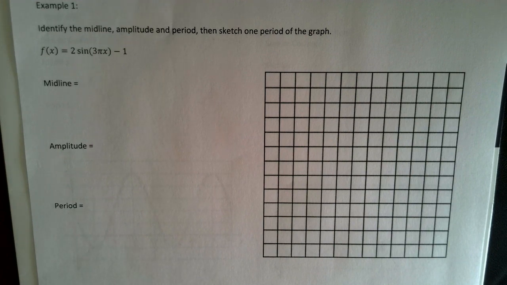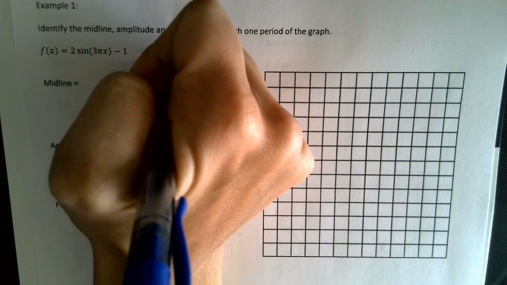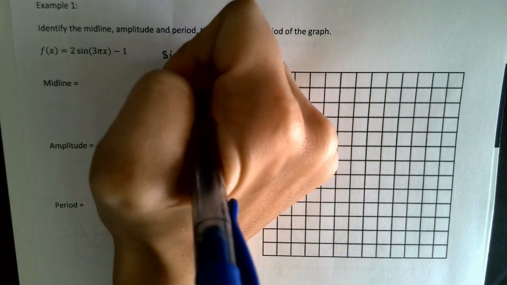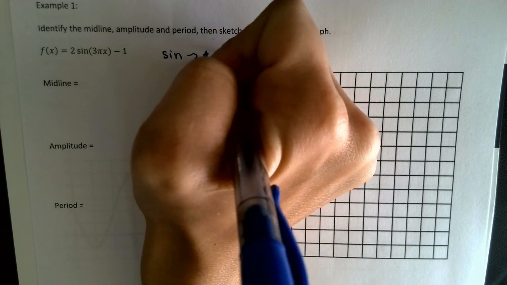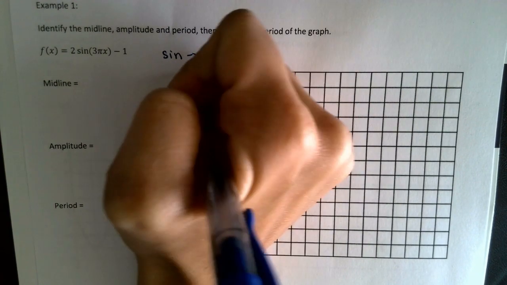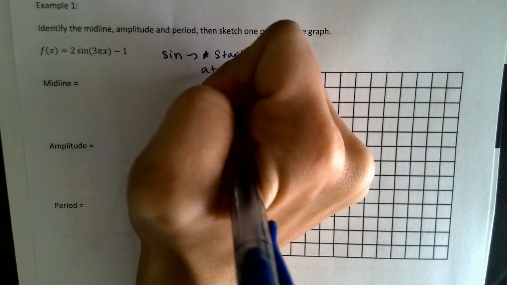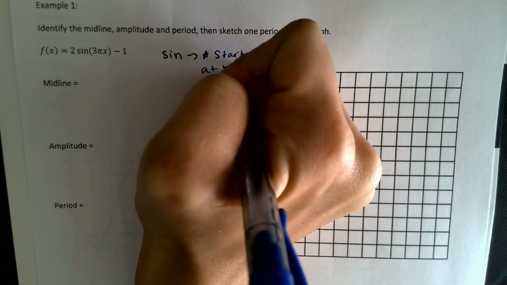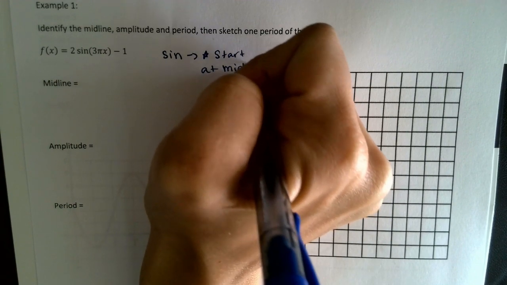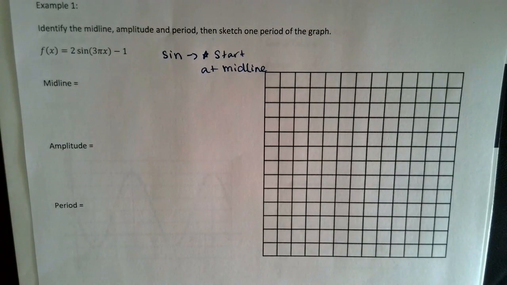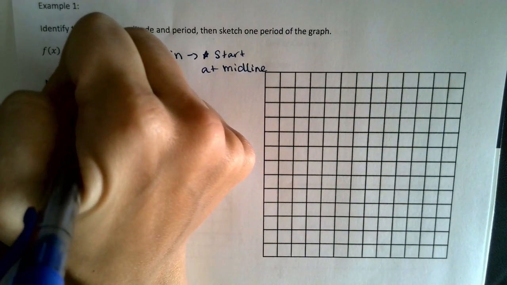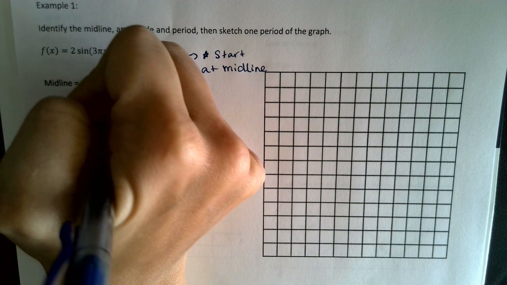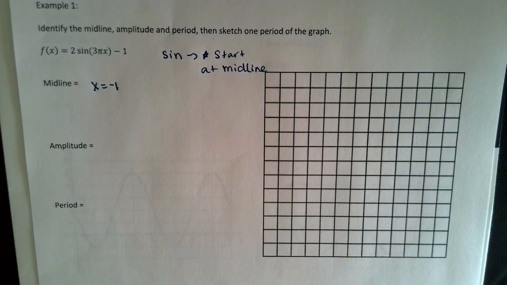Okay, so as you can see, this is a sine graph, which means you're going to start at the midline. The midline, of course, is what's added at the very end, so it's at -1. So the midline is going to be at y equals -1 because it's a horizontal line.